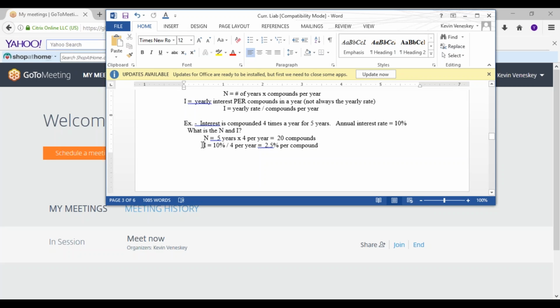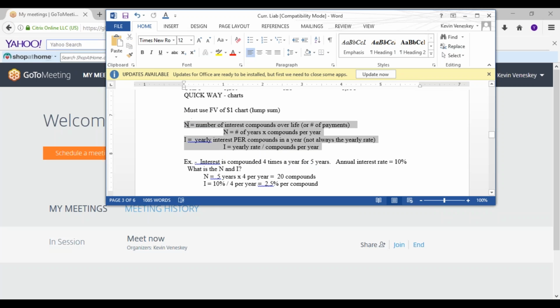And then I'm going to go over to the interest side and look up, okay, I've got a 10% yearly rate, but I want to divide it by the number of compounds in a year, which is 4 again. So instead of multiplying it, we divide it. So what I'm going to look up on my charts, and our charts only go in whole numbers, so I wouldn't be able to give us this example. But we would look up 2.5%.